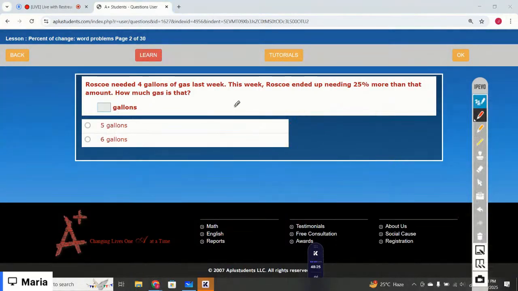25% more gas, right? So originally it was 100%, and 25% more means 100 plus 25, that is 125%, right? So we have to do 125% times 4, that equals 5. So 125% of 4 equals 5.